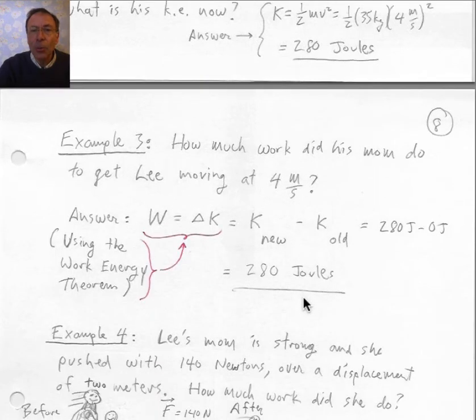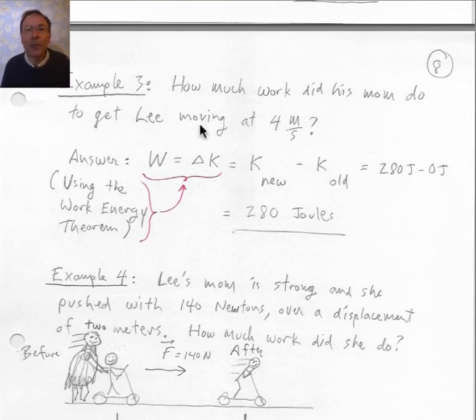How much work did his mom do to get him moving at that speed? Now we use the Work-Energy Theorem. The work that she did is the change in energy. He has just kinetic energy, so it's the new minus the old.